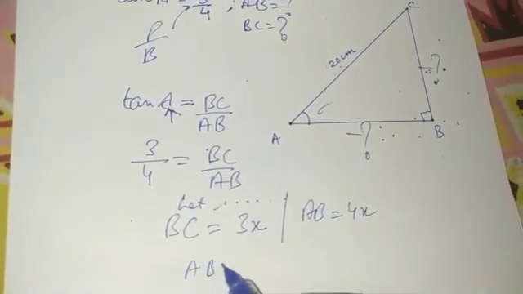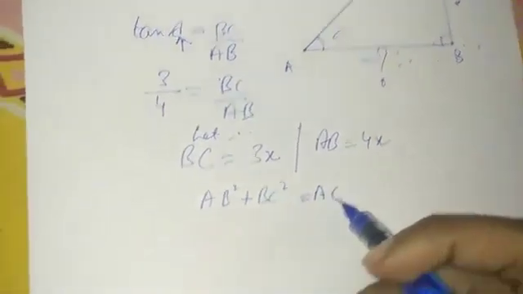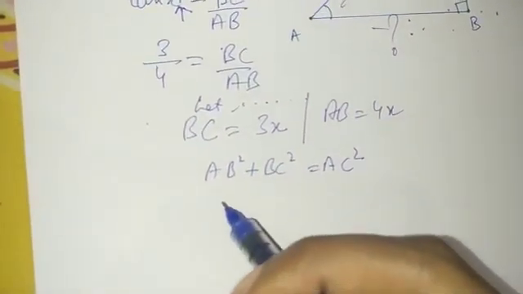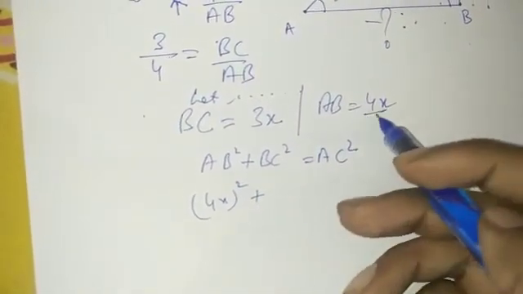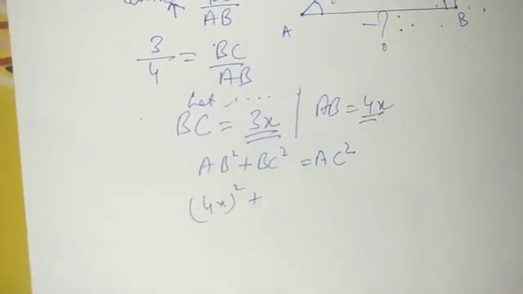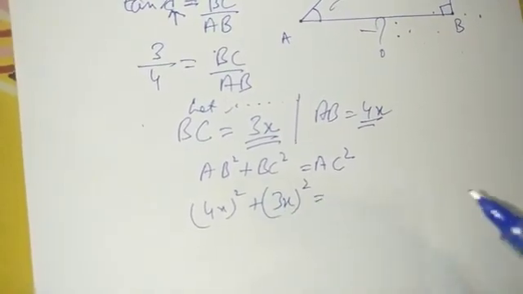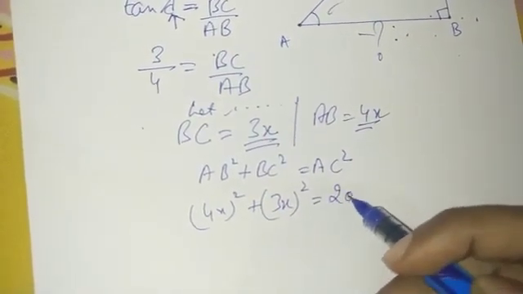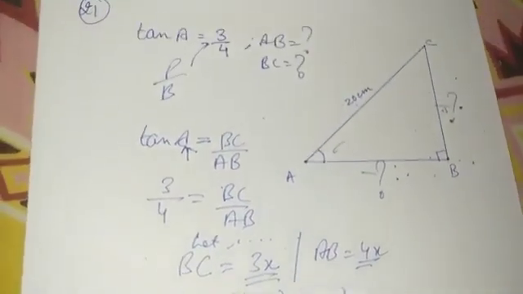That is AB square plus BC square is equal to AC square. How much is AB? 4x whole square. This complete thing will be treated as an actual value. Remember this. So it will be plus 3x whole square equal to AC square. Now what is AC? Yes, AC measures exactly 20 centimeter. That is what is given to us in the question.